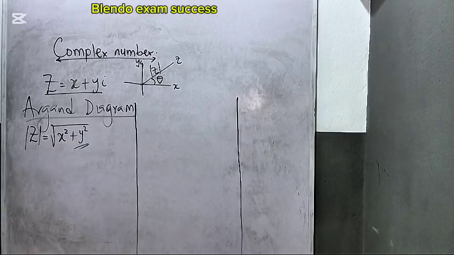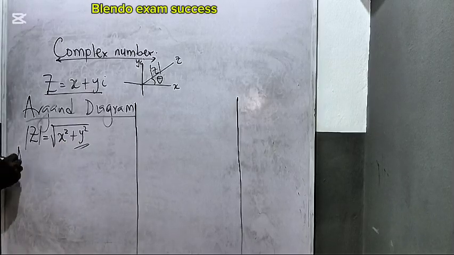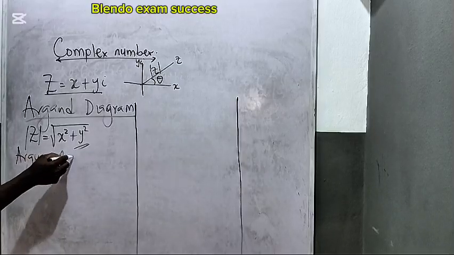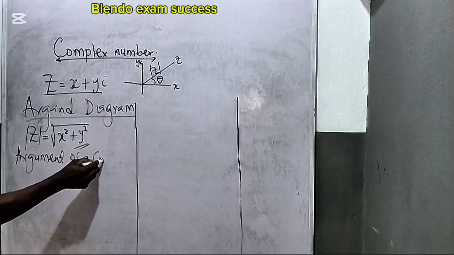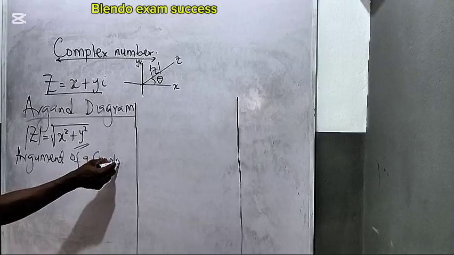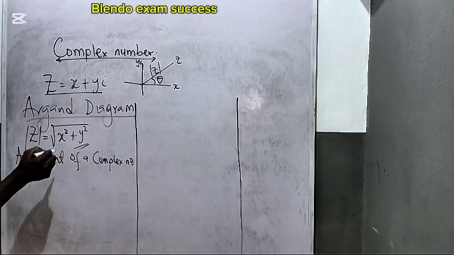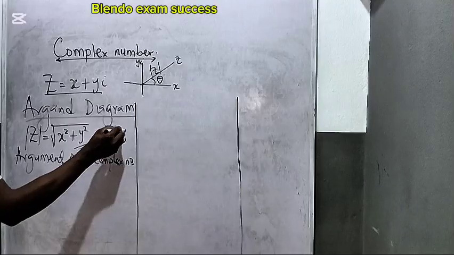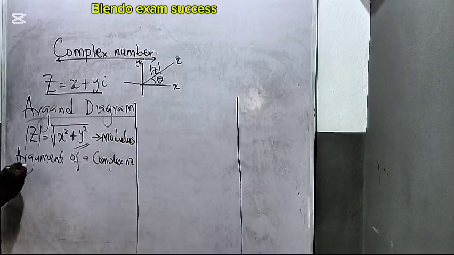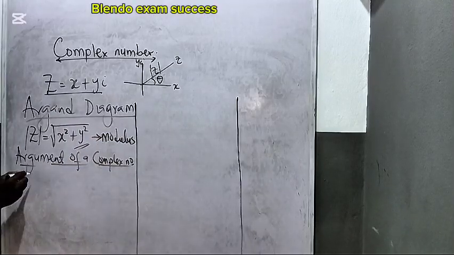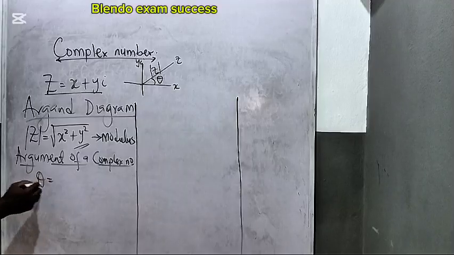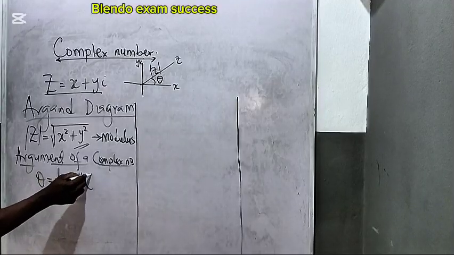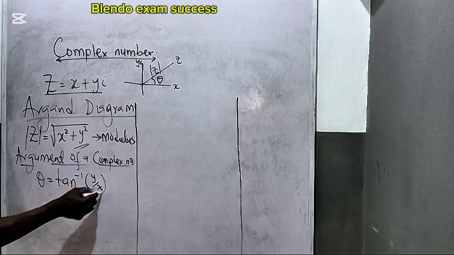Now, if we are talking about the argument of a complex number, all we need to do, because this is the modulus, is this: the argument of a complex number, we call it theta, which is equal to tan inverse of y over x.